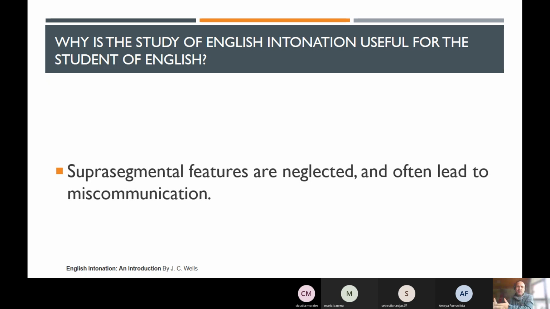So there's a higher probability for you to talk in English with someone from any other place, not someone coming from an English-speaking country. Okay, so that's why it's important to remember these intonation elements, not to create confusions, right?